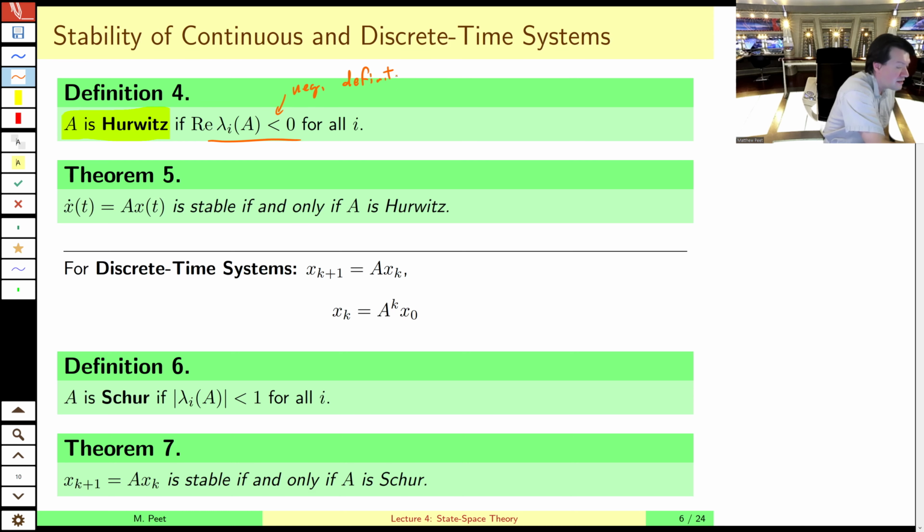Even one equal to 0, it's not considered stable. So that's an important point to make. That's a property of the matrix, a property of the representation, and we've translated it to a property of the system.